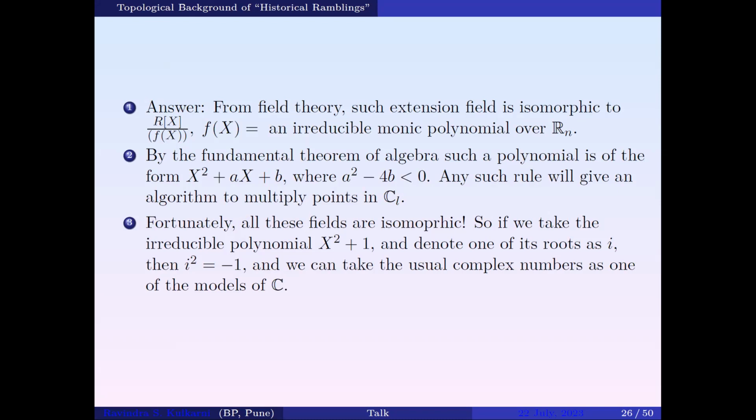This really acts as the geometry or arithmetic of real numbers. Any such rule will give an algorithm to multiply points in the complex line. But x square plus 1 is one of these polynomials, and the square root of minus 1 is i, and that is our usual description of complex numbers. Starting with other irreducible polynomials, you get isomorphic fields. So you can as well take the irreducible polynomial to be x square plus 1, and that's our usual introduction to complex numbers.